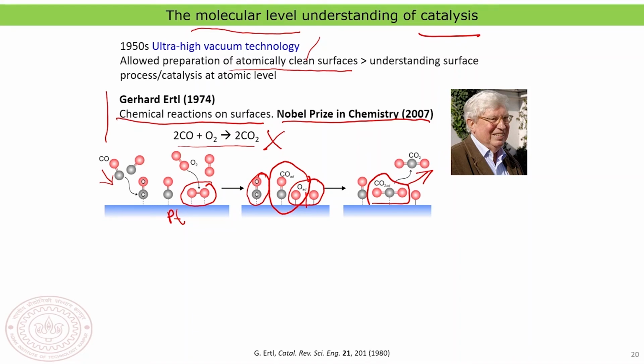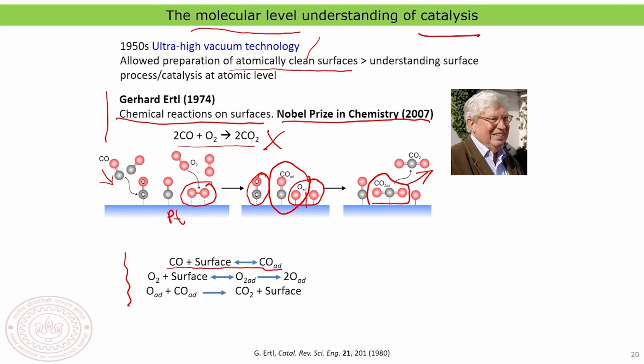Instead, we should include the surface. When you include the surface, the chemical reaction is represented like this, where the carbon monoxide first adsorbs on a surface site and forms a carbon monoxide adsorbed species. Similarly, the oxygen adsorbs on the surface and forms an adsorbed O2, and then it splits into two reactive adsorbed oxygens.